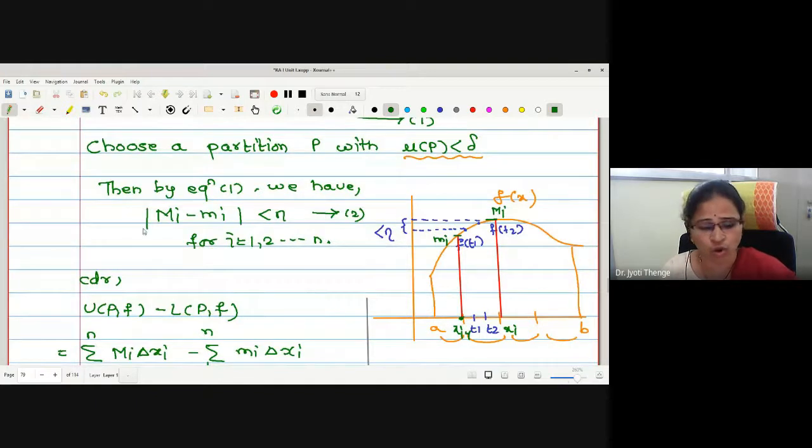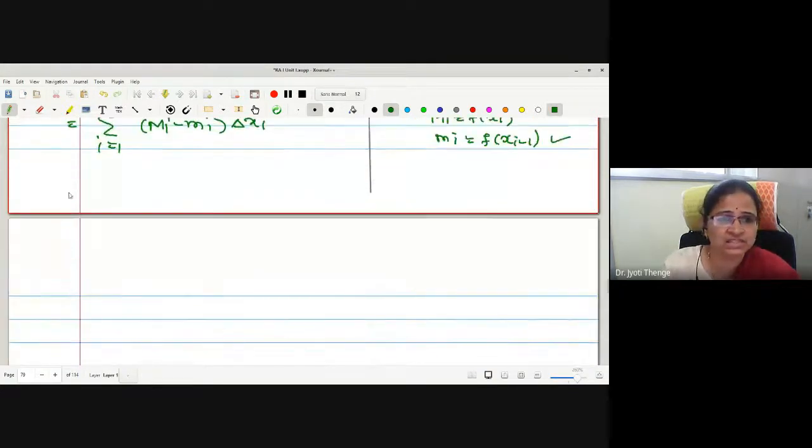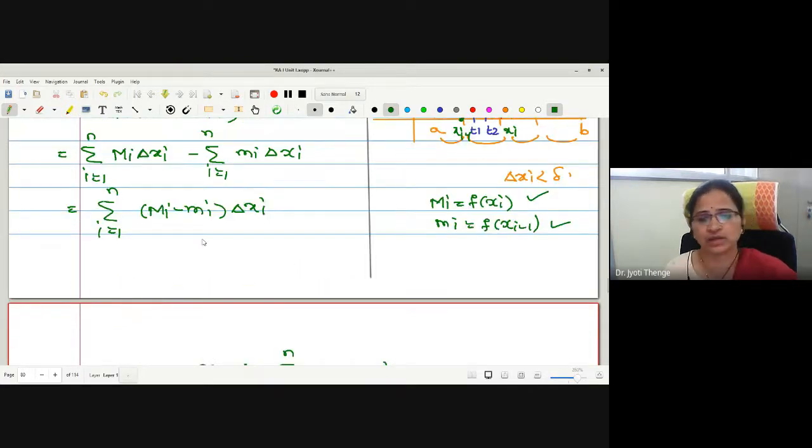Whether to write the modulus or not is equivalent, because suprema is always greater than or equal to infima. Therefore, can I write this as strictly less than? That is, UPF minus LPF is strictly less than the summation i equals 1 to n of eta into delta xi. Is it okay? I replace this value.